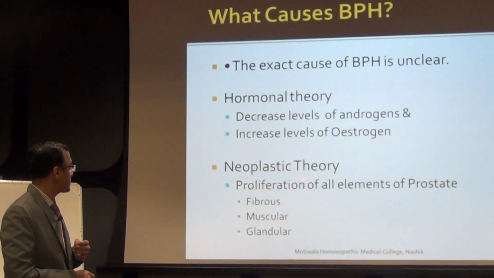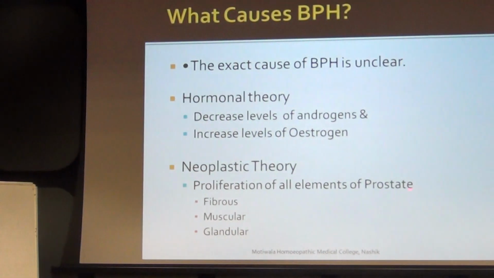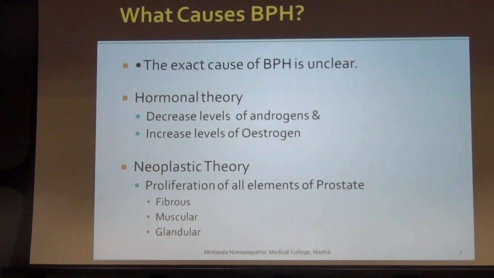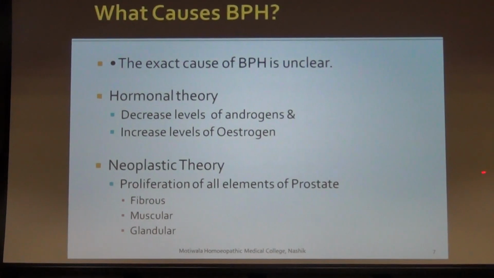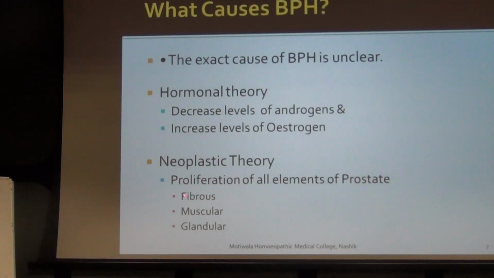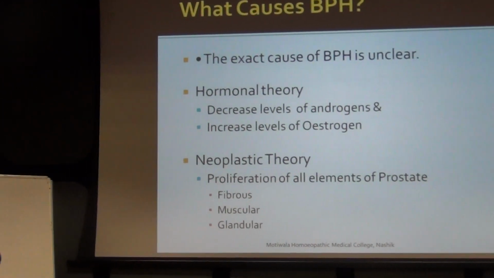Whereas the neoplastic theory talks about a proliferative element at the prostate level. As we have talked about, there are three levels of proliferation: first fibrous tissue, second muscular tissue, and third glandular tissue.